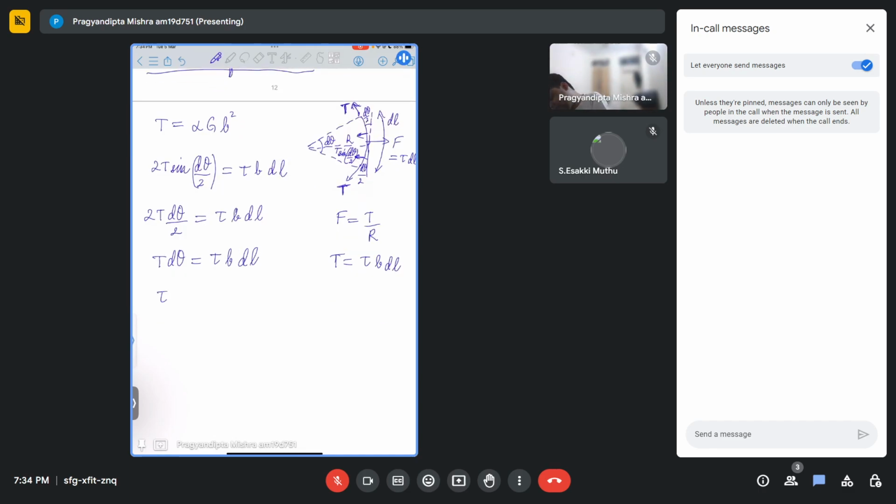Now, if I interchange and rewrite this entire expression, this will be T by B times d theta by dl.